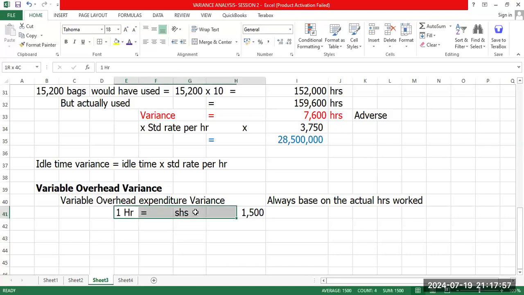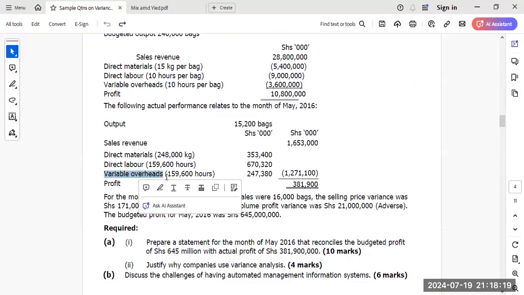Perfect. So once you have this, the first one, as I said, what you have here determines what you are going to do next. Now, ask yourself, actually, they used how many hours? Come here to variable overheads, and this is the number of hours you have.